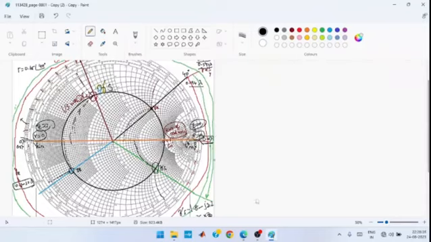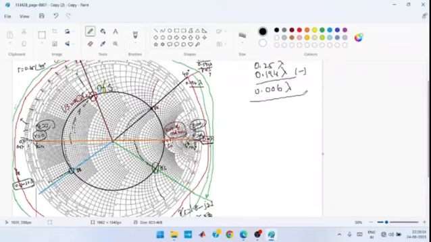Let me do it here. That is nothing but 0.25 lambda minus 0.194 lambda. You have to take the difference, right? So what is the value? 0.056 lambda. That is the distance between these two.